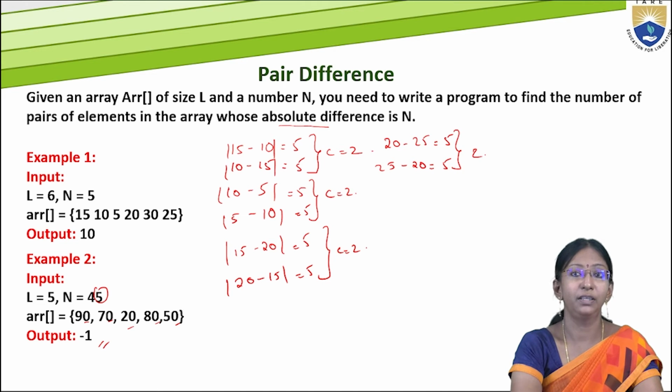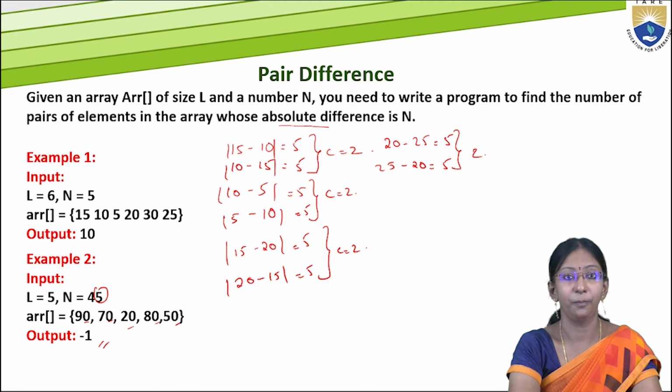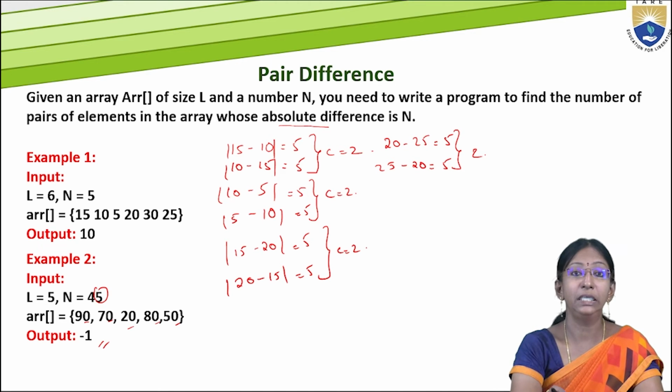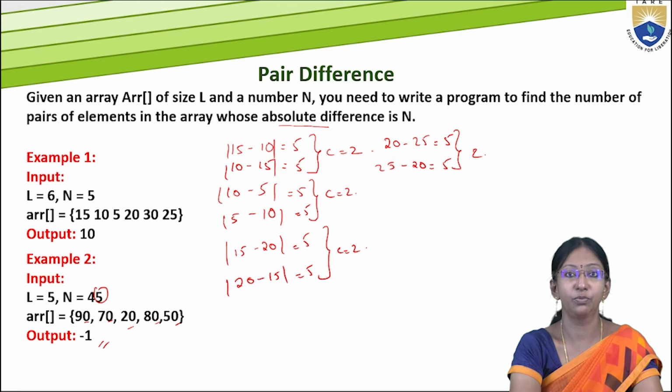First of all, they read the values of L and N, then L number of values, right? Followed by what output they are expecting. They are expecting an integer value, right? The total number of pairs with an absolute difference of N.